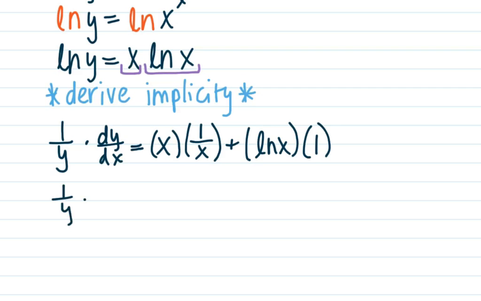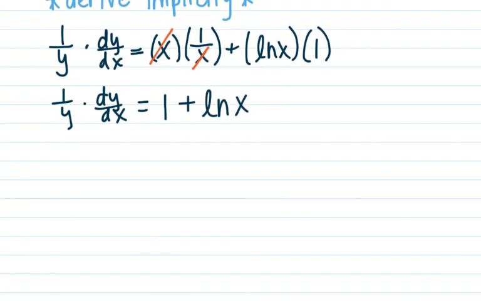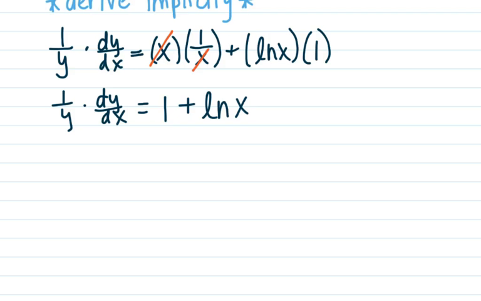So we've still got that 1 over y times dy dx. On the right side, we're multiplying by an x and dividing by an x, so these are simply going to cancel out and leave me with 1. And then ln x times 1 is just ln x. Okay, so the last step, and you're going to find this happens pretty much every time you do one of these problems, we have to get rid of 1 over y.